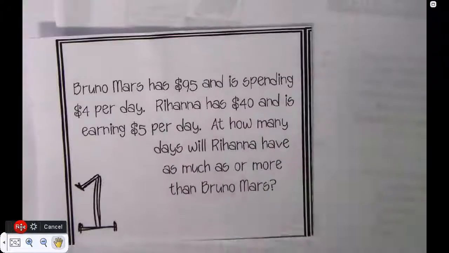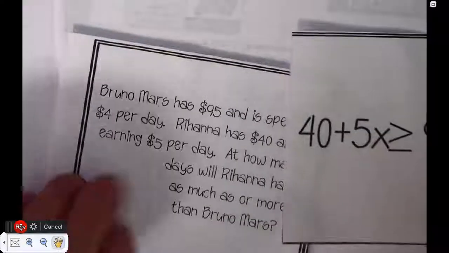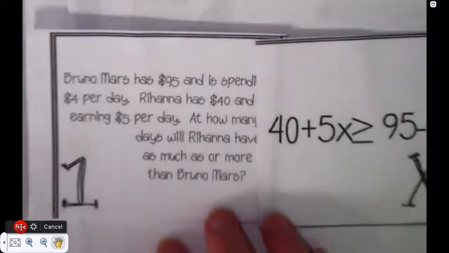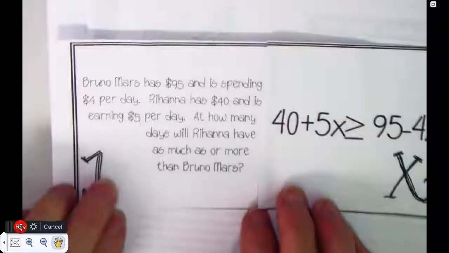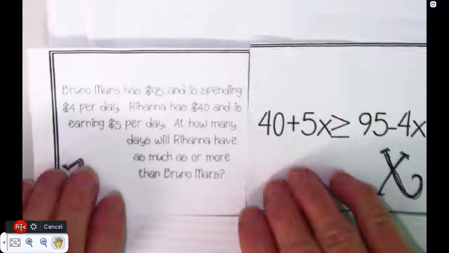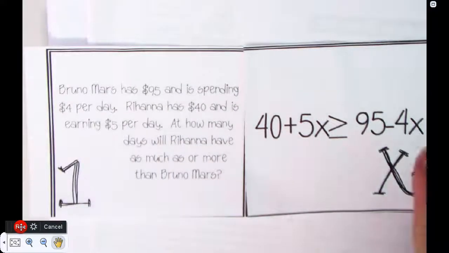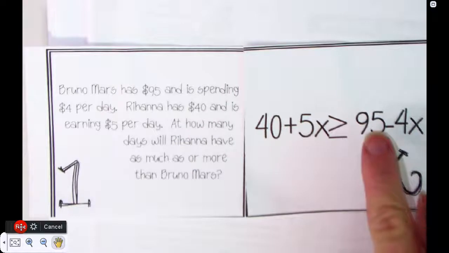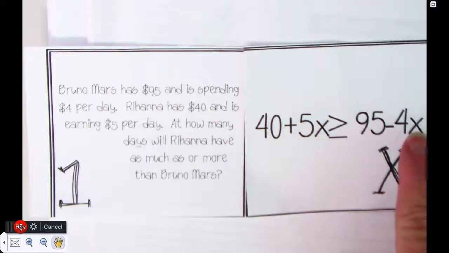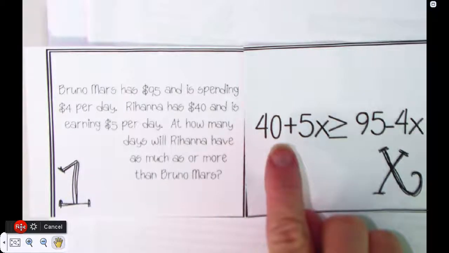On number 1, you should have X. And let's talk about it just a minute, for those people that got it wrong. Bruno has $95 and is spending $4 a day. So look on the right. He has $95, so he's losing $4 every day. Rihanna is on the left.